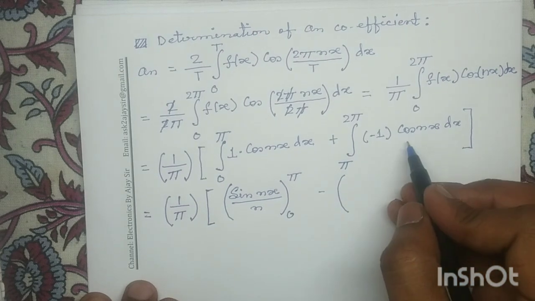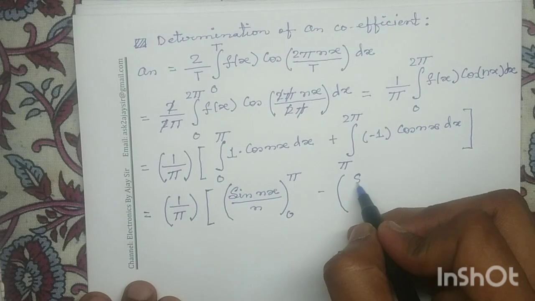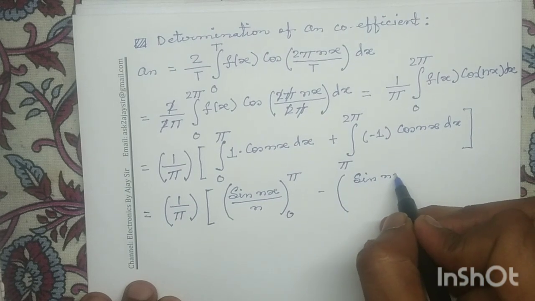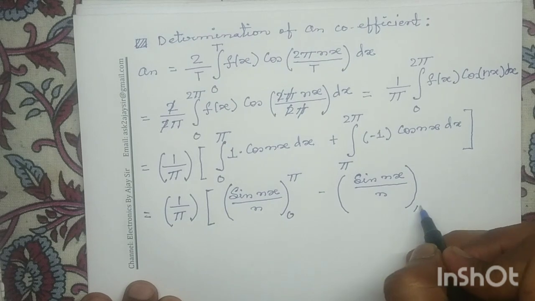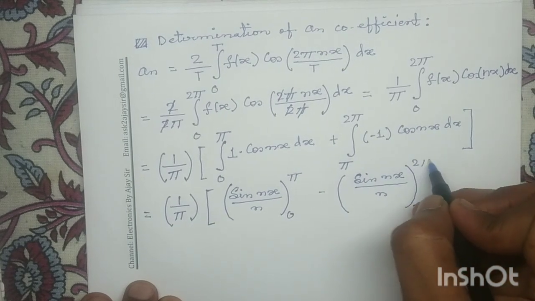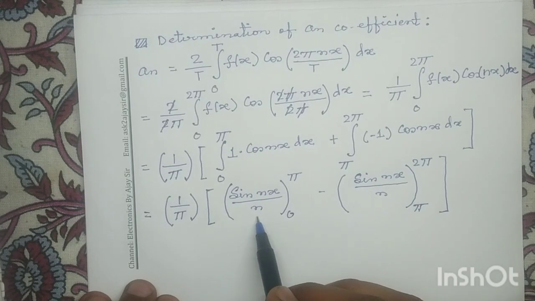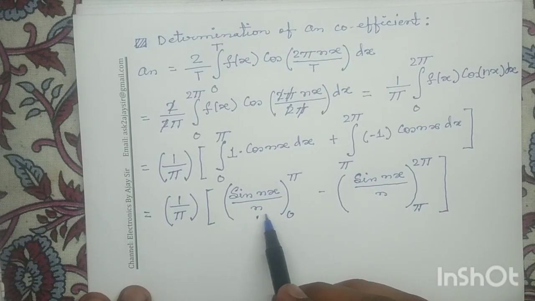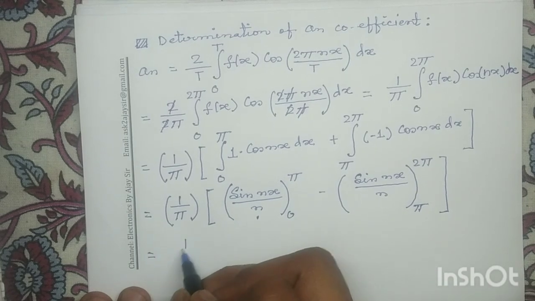Then we will perform the integration: cos nx dx integration is sine nx by n, and the limit varies from pi to 2 pi. Since n is a constant, we will take this 1 by n coefficient outside. So it is 1 by n pi.